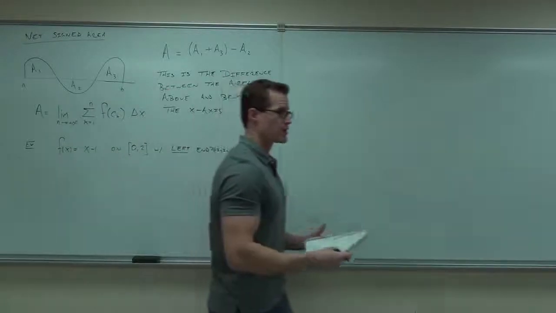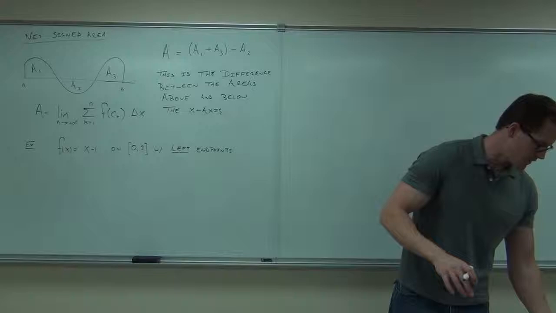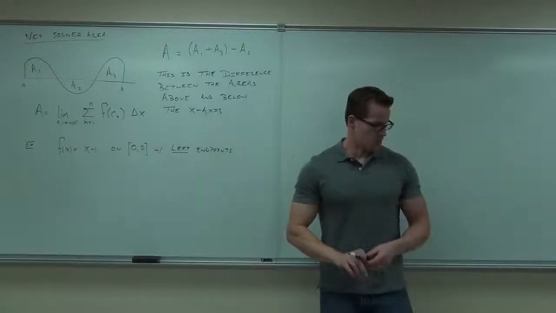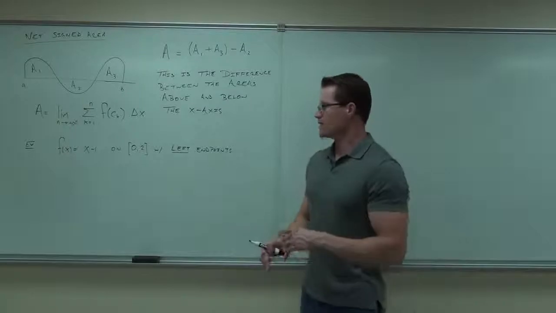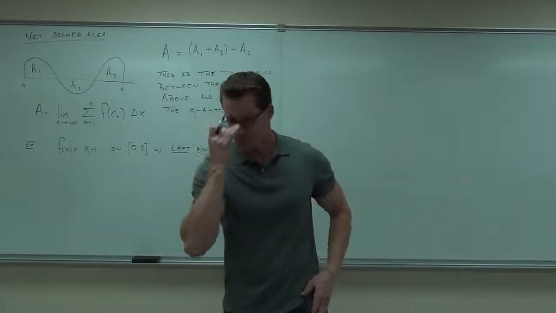Okay, we're going to find the area under f of x equals x minus 1, on the interval 0 to 2 with left endpoints. That's what we're going to do.